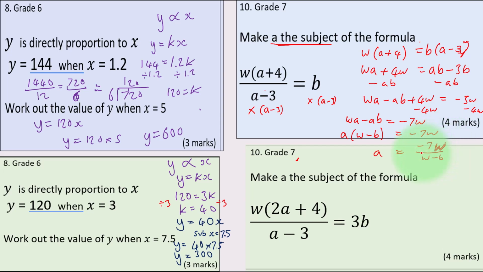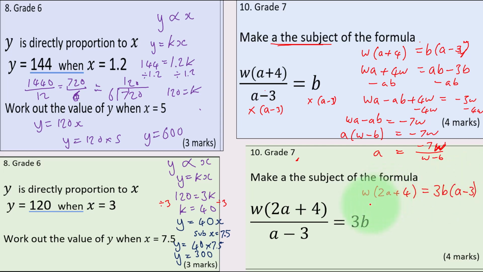So pause the video and see if you can give this a go, and then I'll try and walk us through this one. Hope you're ready. So we multiply both sides by a minus 3, so what we're going to get is w(2a plus 4) equals 3b(a minus 3).